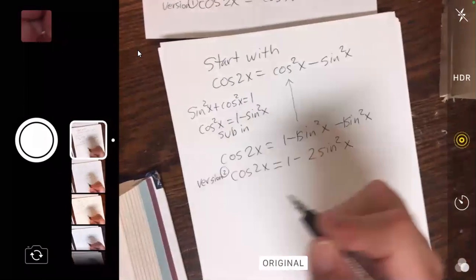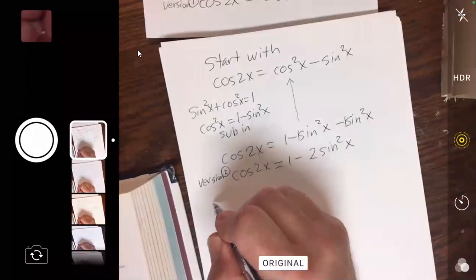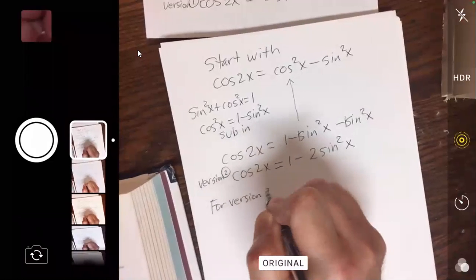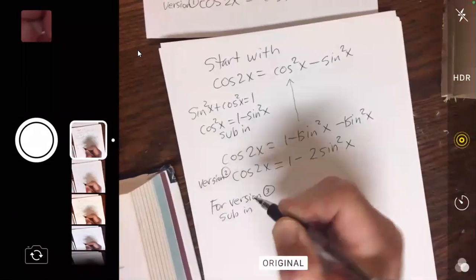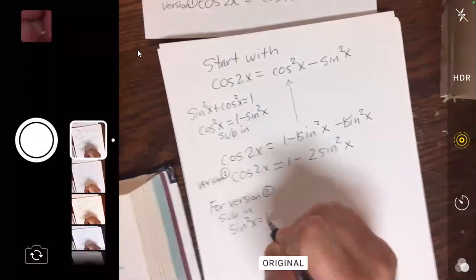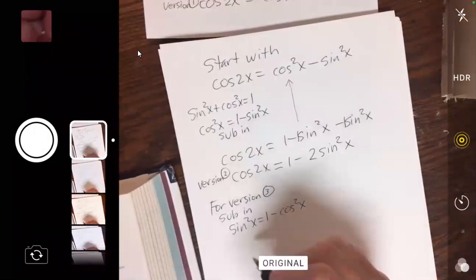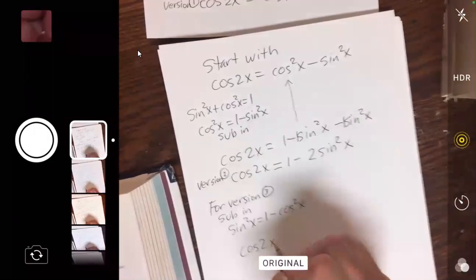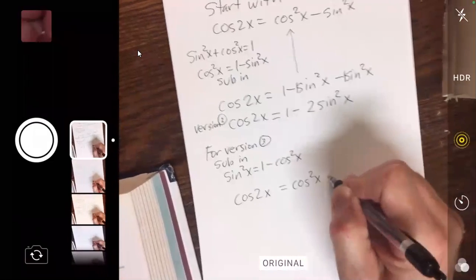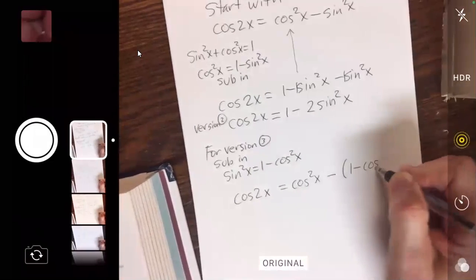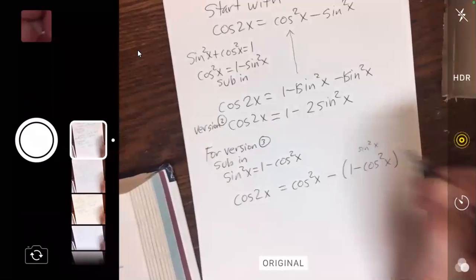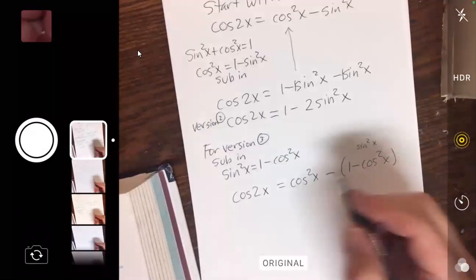All right, for version 3, sub in for sine squared, 1 minus cosine squared. So you get cosine of 2x equals cosine squared of x minus, and then 1 minus cosine squared of x. So this is cosine squared minus sine squared.